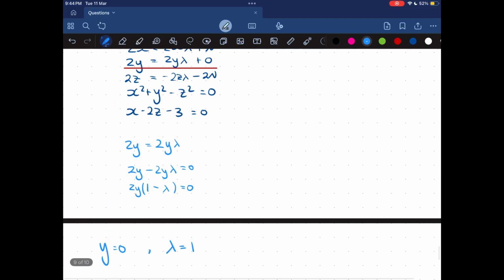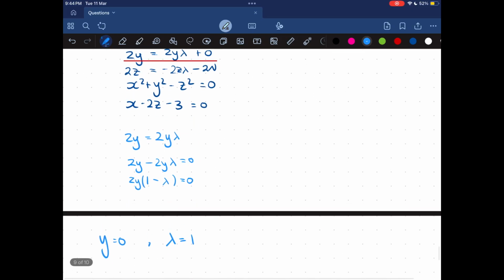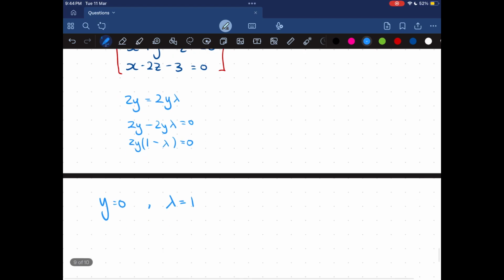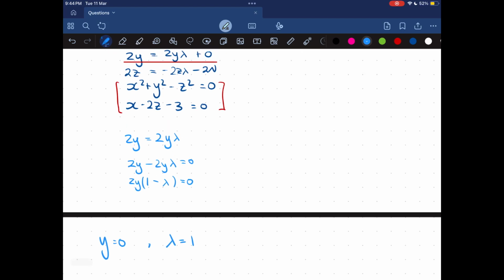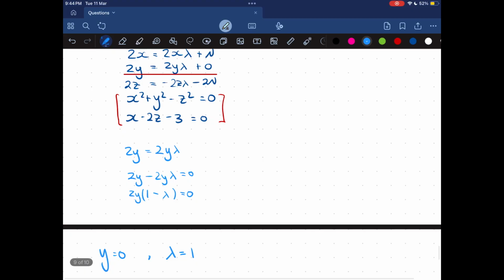We know some values. So with these, we can place them into our constraints, these equations here, and see what we get. So I'm going to pick this equation here to plug it into. It just seems the easiest, considering there's no y there.